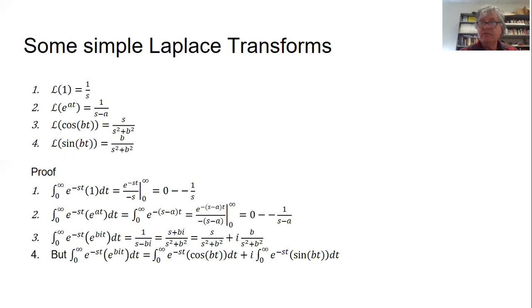And of course, we're talking about improper integrals. Whenever you've got an improper integral, when I write infinity as the bound, what I really mean is the limit of that as t goes to infinity. And you get that the Laplace transform of e to the at is 1 over s minus a. And of course, s is bigger than a.